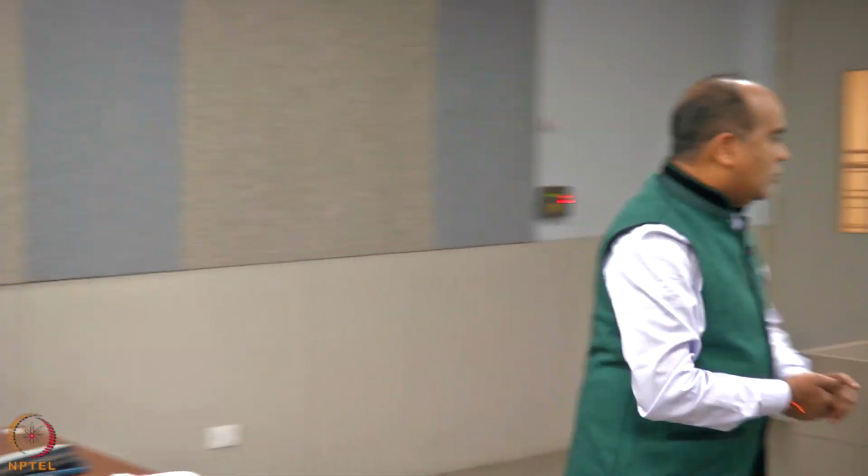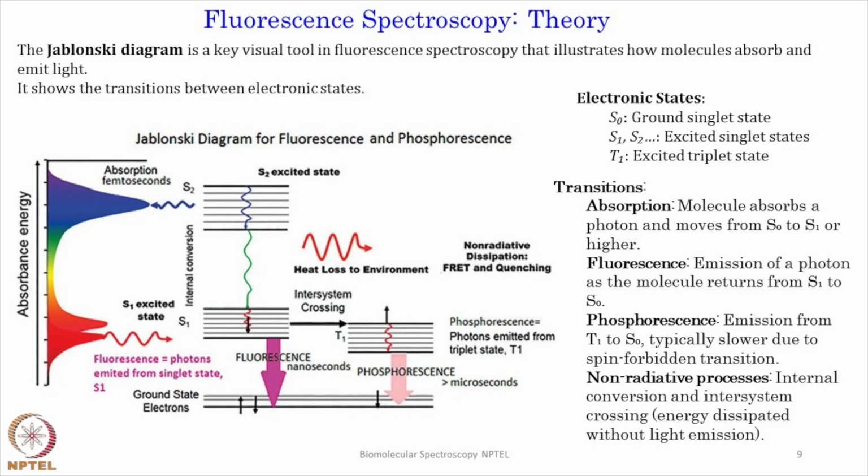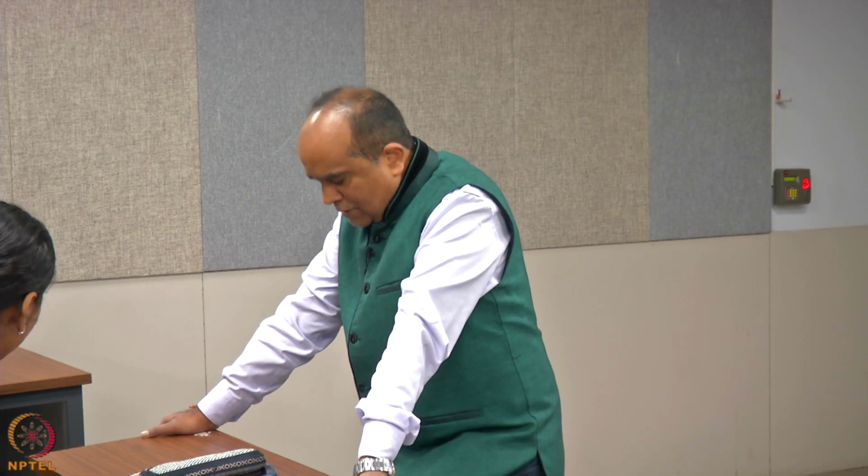If I go back to this diagram, which one will show the mirror image and which will not? The first red one will show the mirror image, the others will not. The mirror rule is quantitative if there is no competing process like a quencher. But if a quencher comes, the whole game changes, and then it does not hold. So, typically in all cases, S0 to S1 and coming back S1 to S0 is quantitative.